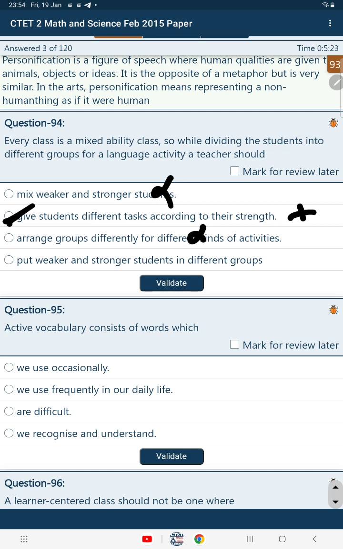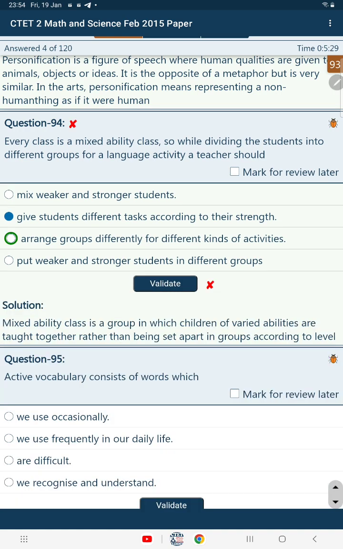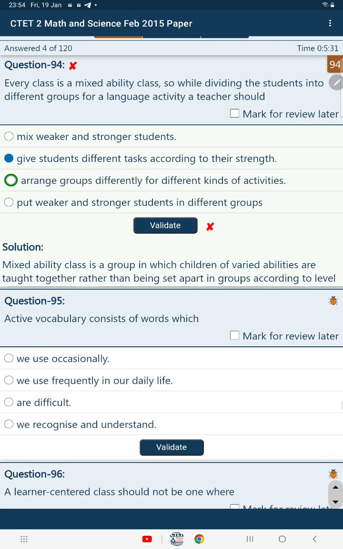No, put weaker and stronger students. So the correct option is going to be option number 2. Let's check. This is wrong, students. Arrange the group differently for different kinds of activity. A mixed ability class is a group in which children of various abilities are taught together rather than being set apart in groups according to level.